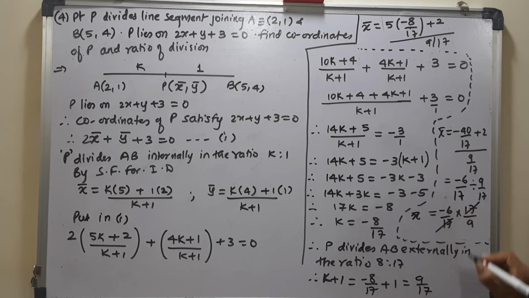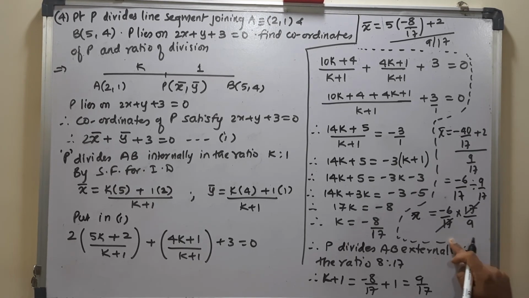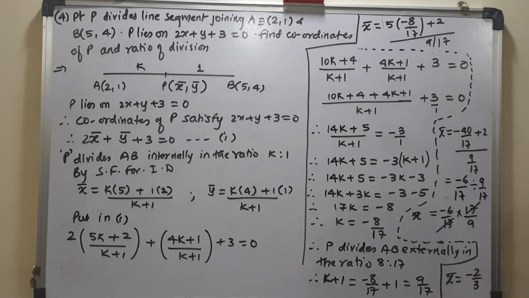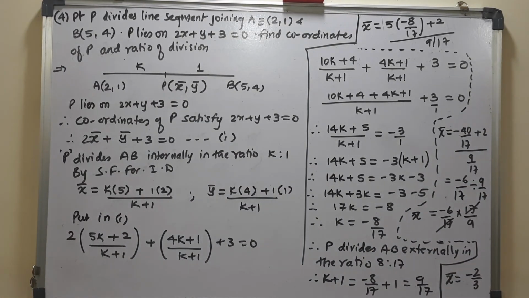So this divides off, and even this divides by 3. So x bar will become your minus 2 by 3. Okay, this will be your minus 2 by 3, and you yourself find y bar.